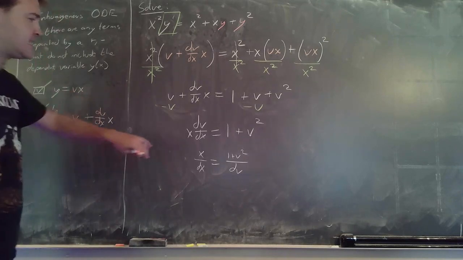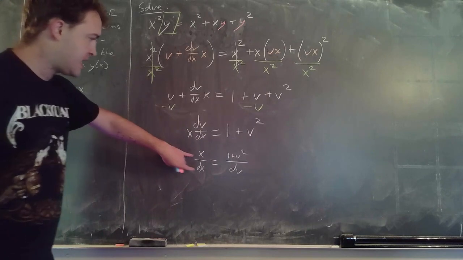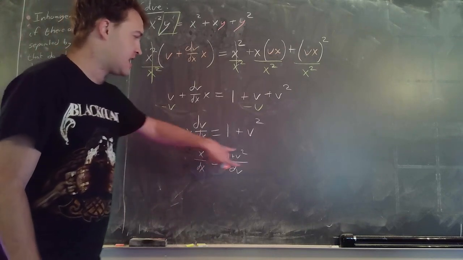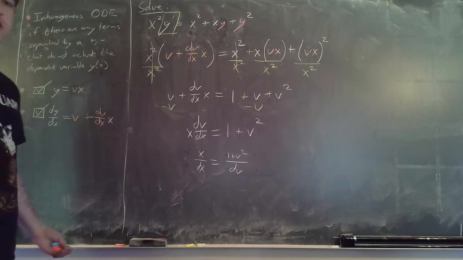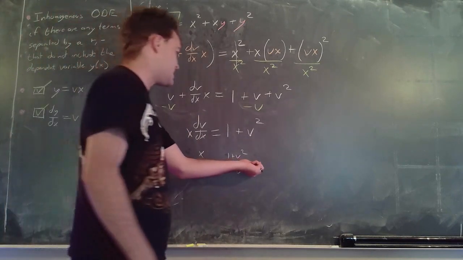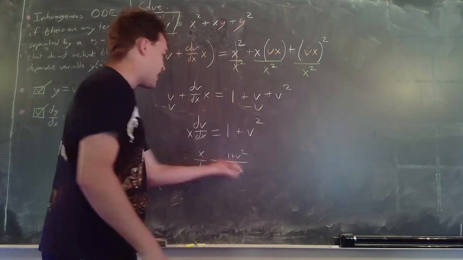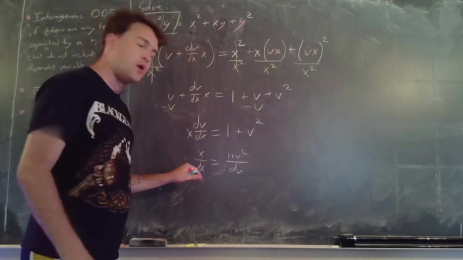Well, we notice that we can take a reciprocal of both sides, because if this thing is equal to this thing, then the reciprocal of this thing is equal to the reciprocal of that thing. And we can also just do this with some basic algebra. If you wanted to multiply off the dx to this side and then divide off the x, you get 1 over here, and you multiply the dv and you divide off the 1 plus v squared.